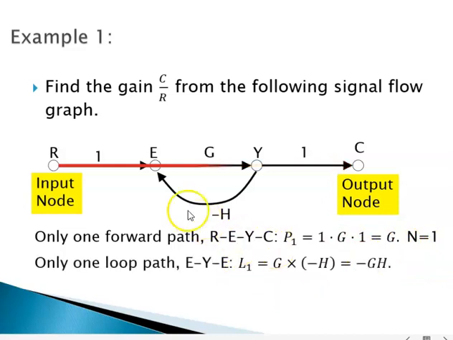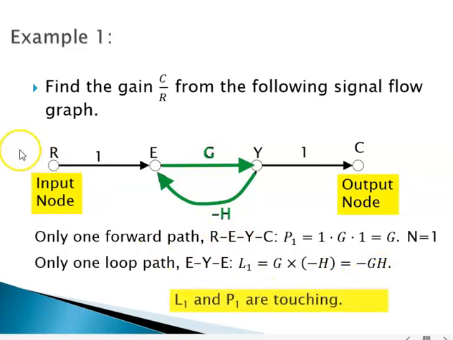Then there is only one loop going from E to Y, coming back to E. So this loop gain is, one factor is G, another is minus H. If you multiply them, it is minus GH. You can see that this forward path P1 and the loop L1 are touching because E and Y are the common nodes.